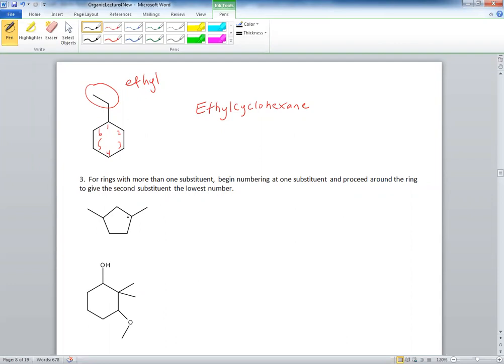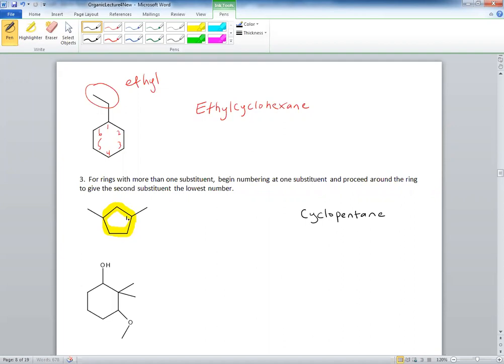So in this case, you have a 5-membered ring, so that's a cyclopentane. You have 2 methyl groups. It doesn't matter where you number them from here. They're both methyl groups, so we could number them 1.